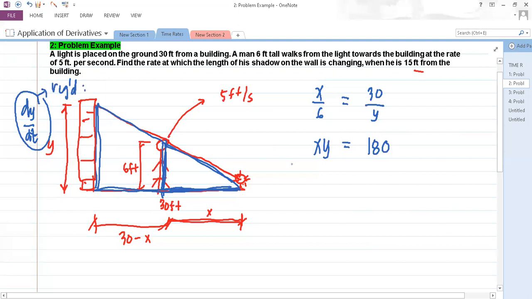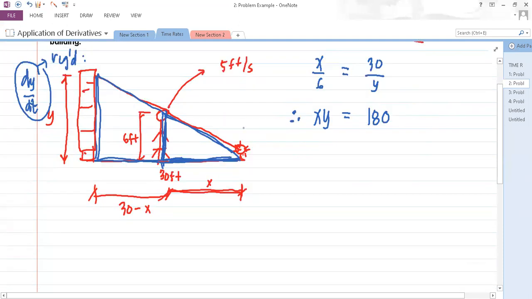Okay, so we can now differentiate this equation. Okay, so product rule. Okay, so we have, pagka dinifferentiate nyo yan, x dy dt plus y dx dt, that is equal to 0. Okay, so dy dt, dx dt.